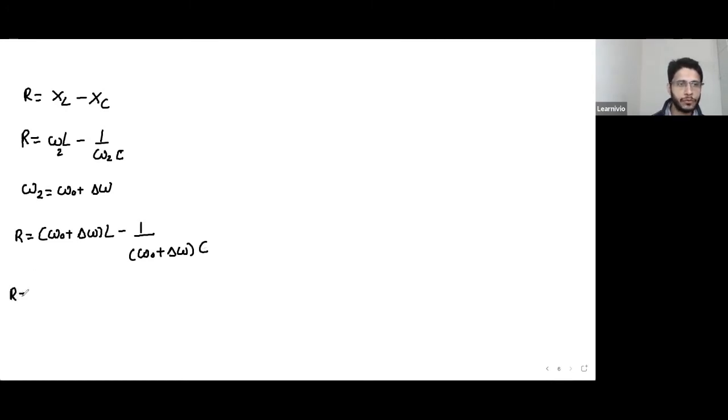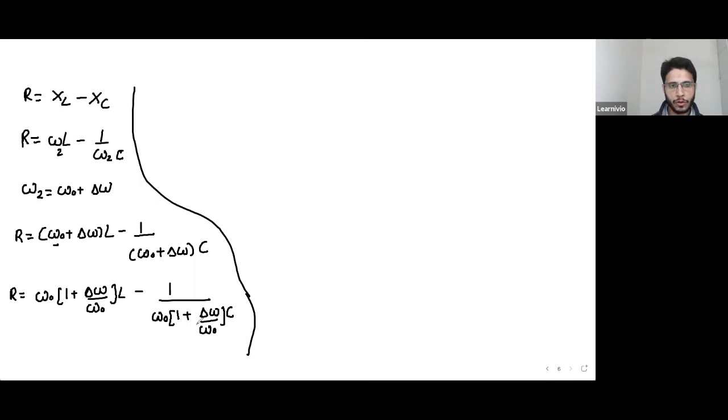Next, we can do a few simplifications. The first simplification is to take omega naught common. If I take omega naught as common, then I'm left with (1 plus delta omega by omega naught) into L minus 1 by, again from the denominator, you can take omega naught as common. If omega naught is common, you are left with (1 plus delta omega by omega naught) into C. You can take this (1 plus delta omega by omega naught) in the numerator.